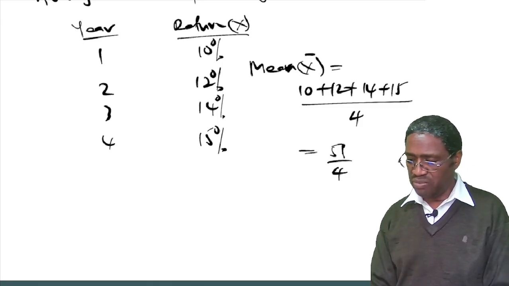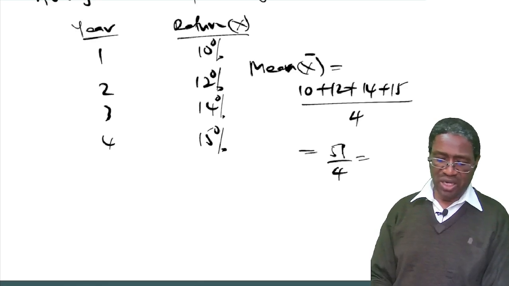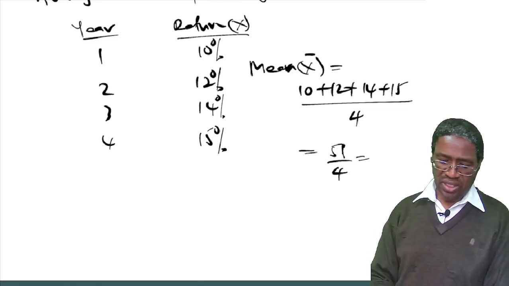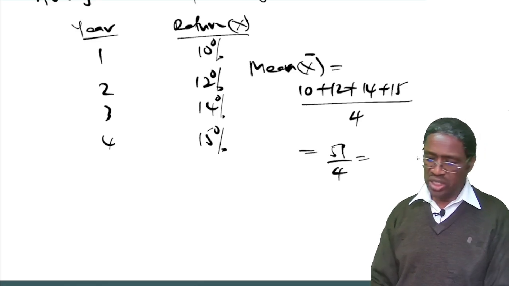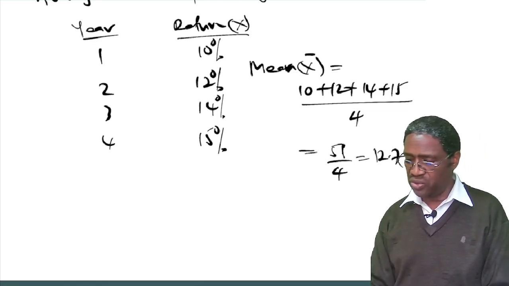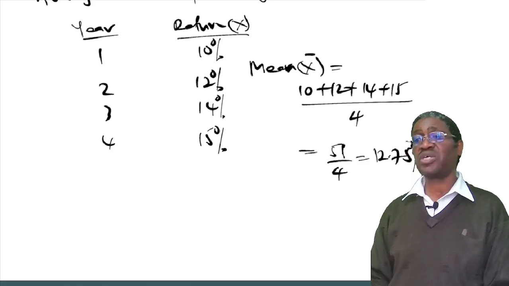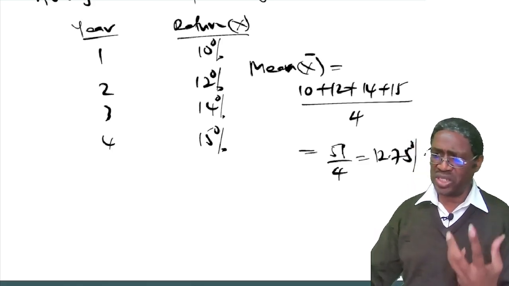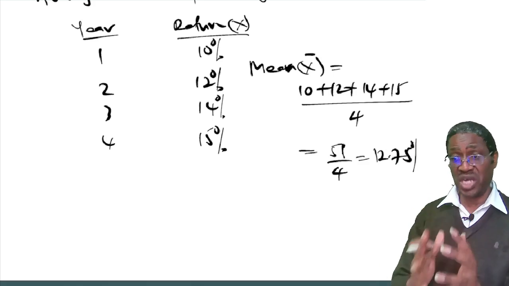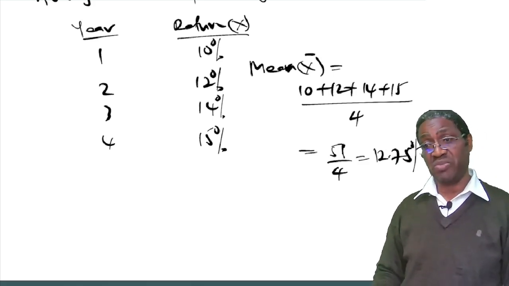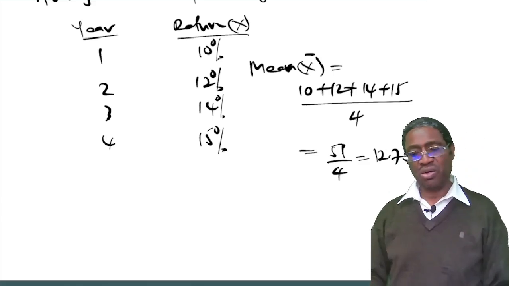If I divide that by 4, it gives me an average return of 12.75%. So that's what we are saying is the average return on your investment.